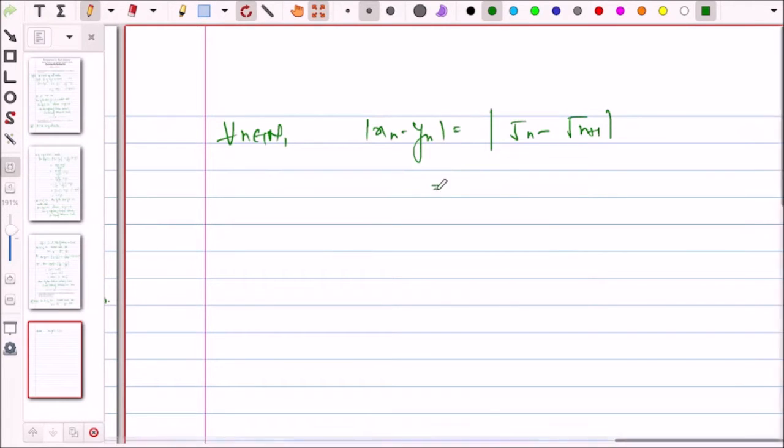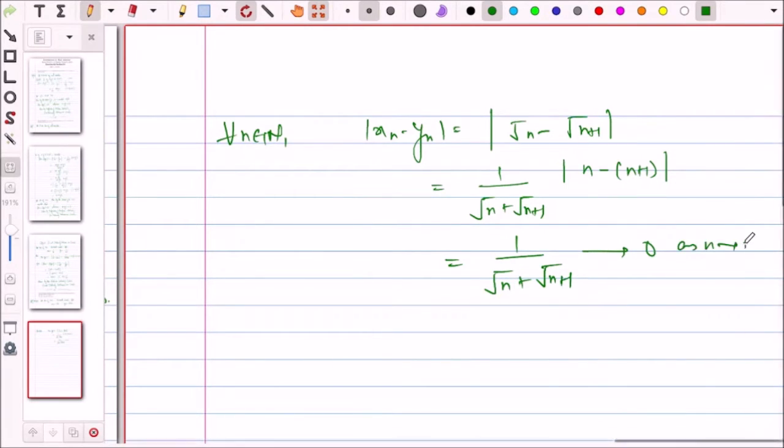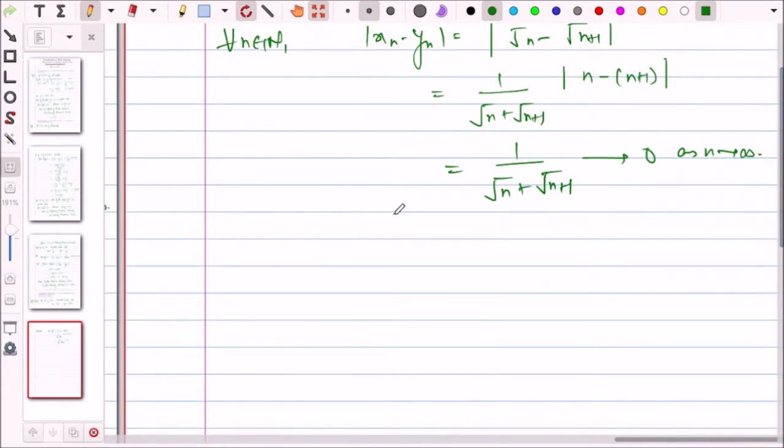Upon rationalization, we multiply and divide by root n plus root n plus 1, and use the formula a square minus b square equals a minus b, a plus b. So you get 1 by root n plus root n plus 1, which converges to 0 as n approaches infinity.